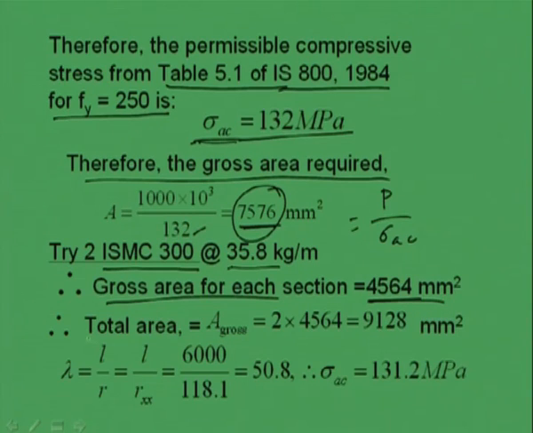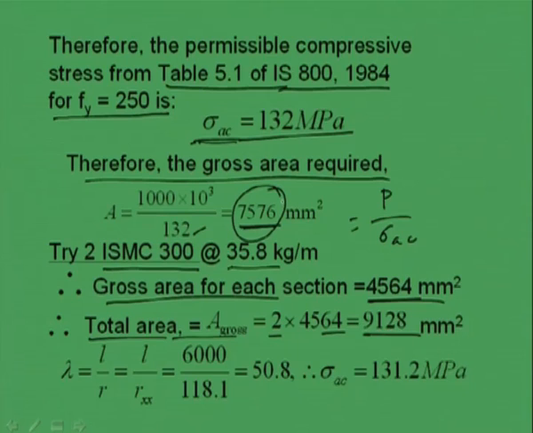So, total area we can find out as 2 into this, which is equal to 9128 millimeter square area we are going to use, whereas we need 7576. That means we are using a little higher side.